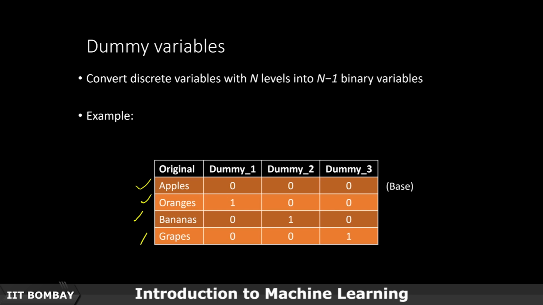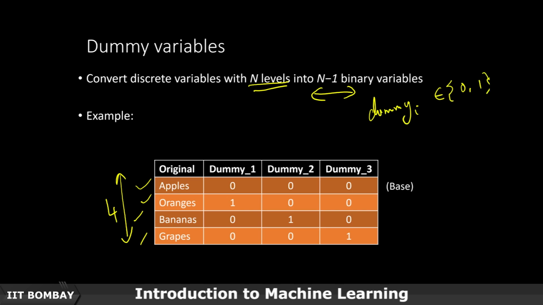So what we do is we convert it into a mathematical variable, and the variable of choice is this: for n levels, for example 4 different levels of fruit, we convert it into n minus 1 binary variables. Each dummy variable belongs to either 0 or 1.